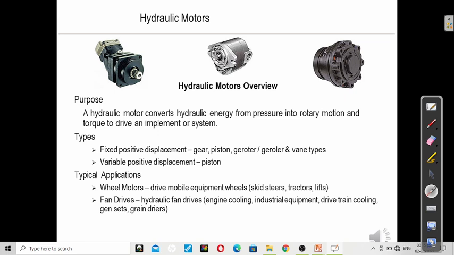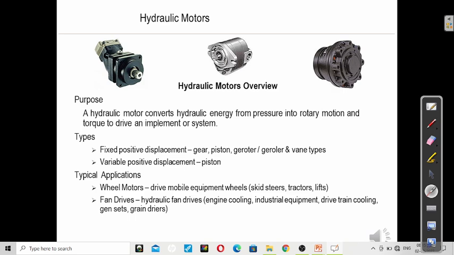Somewhere it is used in industry, which we denote here as industrial equipment, drive train cooling and gensets. Why do we use it for gensets? If a genset is running, more temperature will occur inside the body, so we use this type of system. And the drain trials. These are the examples of hydraulic motors.